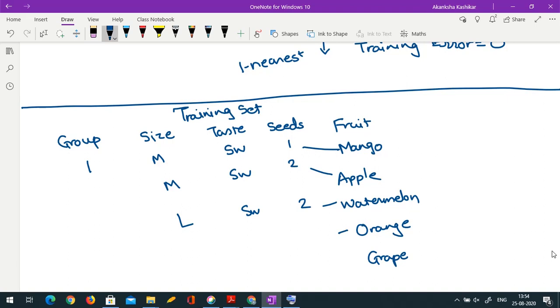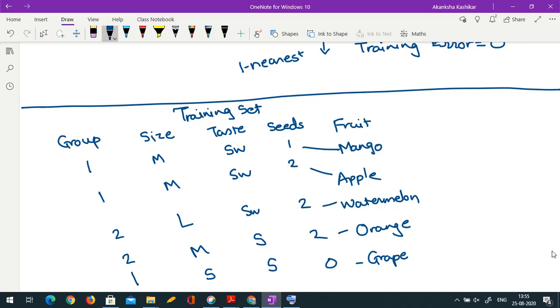For orange, size is medium, taste is sour, because it's a citric fruit, and number of seeds is again multiple. Grape, let us take seedless grapes, sour taste. Grapes are sour for the fox, so let us take that, and the size is small. Let us suppose that these are in group 1, these are in group 2, and this is in group 1. Right now I am arbitrarily assigning groups.